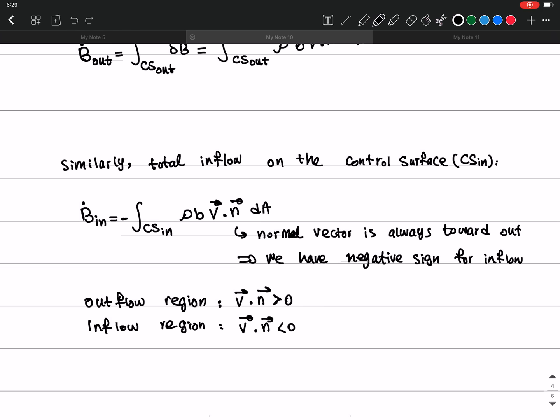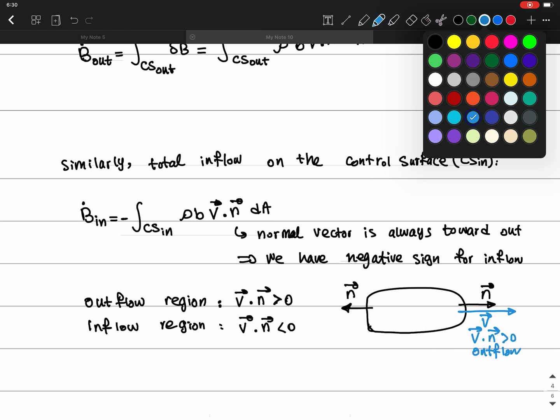Let's say if we have something like this, the normal vector is always defined outward, okay? So here and here. If you have an outflow which goes out of a control surface, V dot N is going to be positive, so this is outflow.